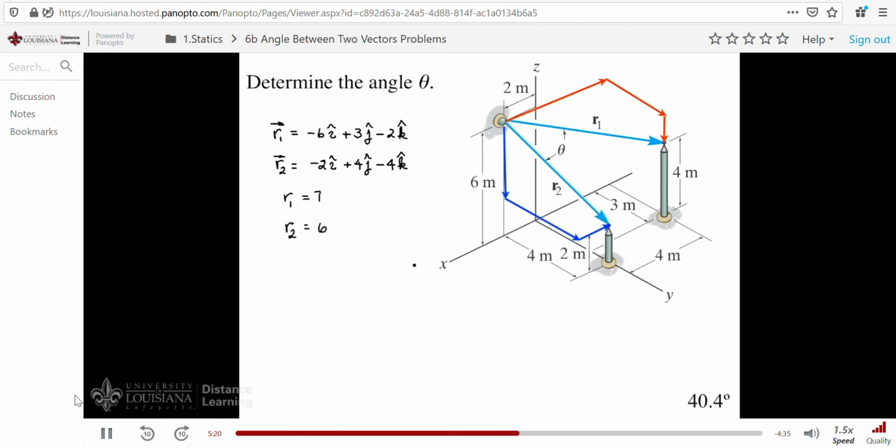Having all this now, we can apply the dot product and find our result. First, r1 dot r2. So we take our minus 6 and multiply it by minus 2. And then we add to this 3 times 4. And finally, we have our last terms, which is minus 2 times minus 4.